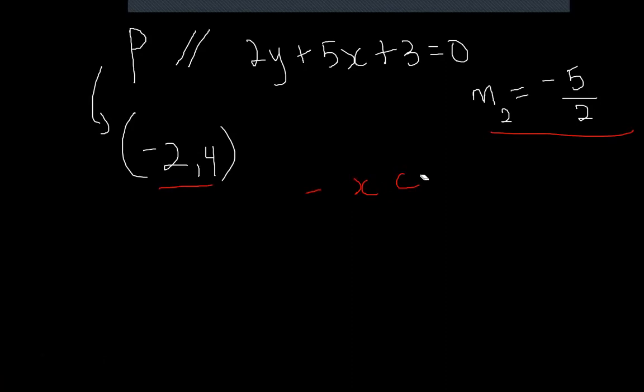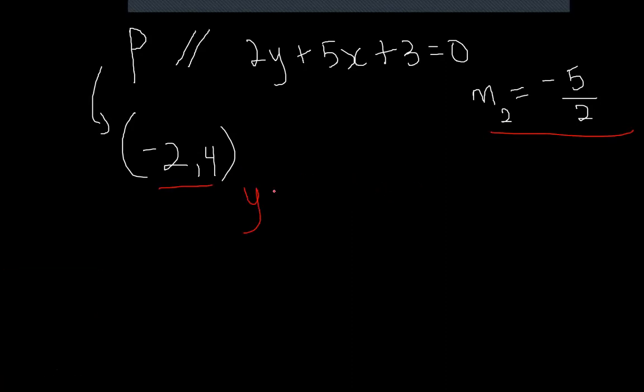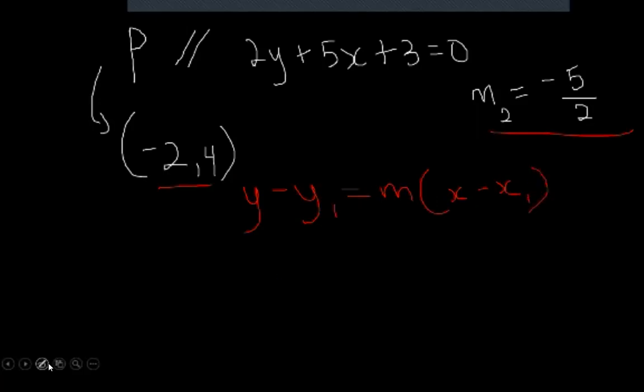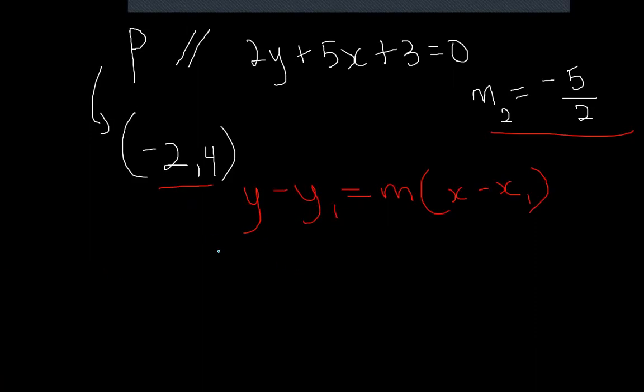All right. y minus y1, so you put back your y. y1 is 4, m is minus 5 on 2.